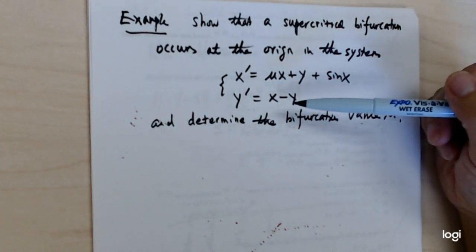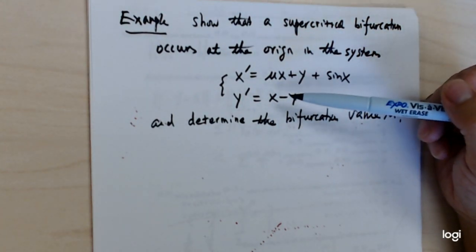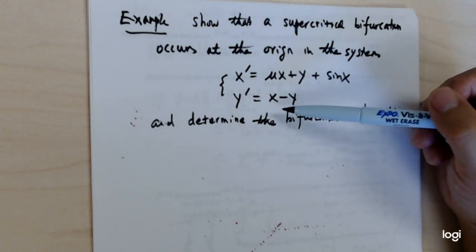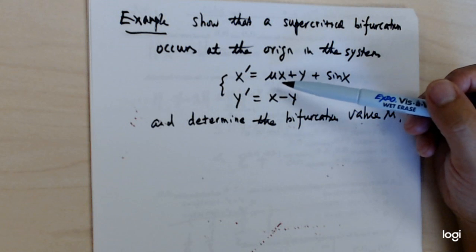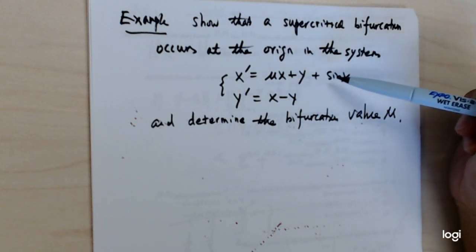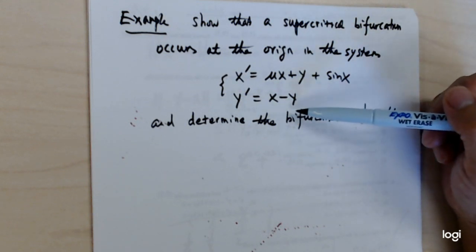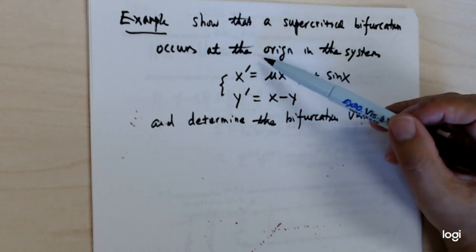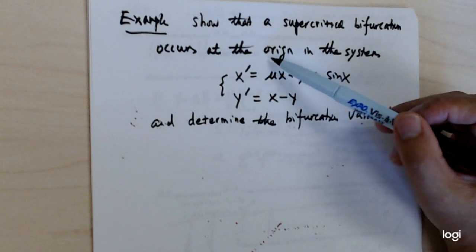So we look at this one here to figure out the equilibrium. The x value and y value always have to be the same, and also 0. Okay, 0 is obviously one equilibrium. So let's take a look, because it's already indicating that a bifurcation occurs at the origin.